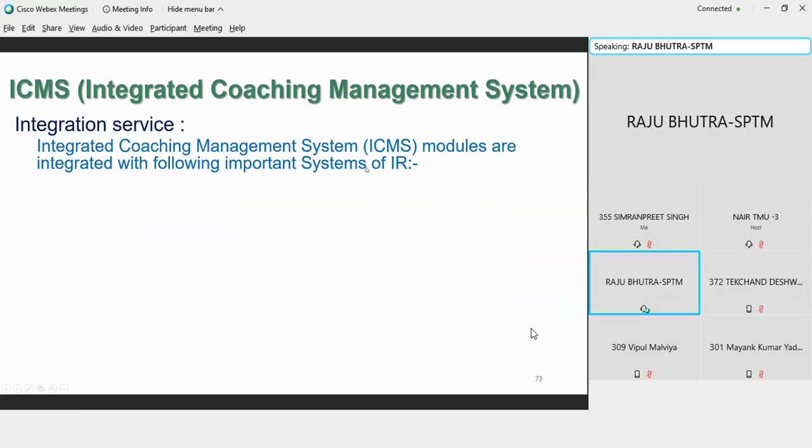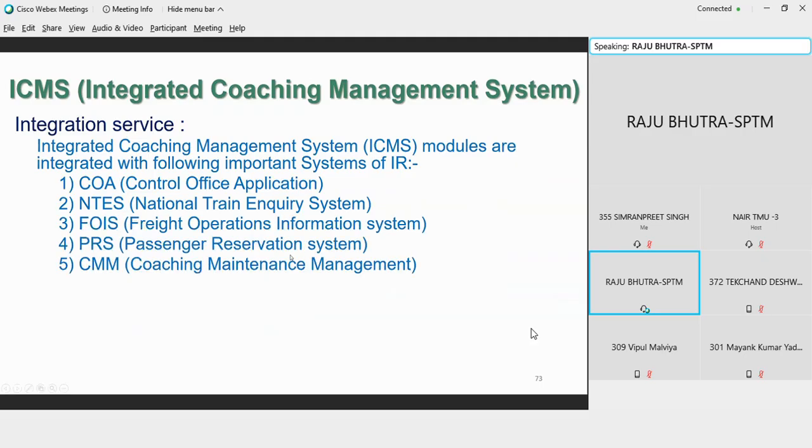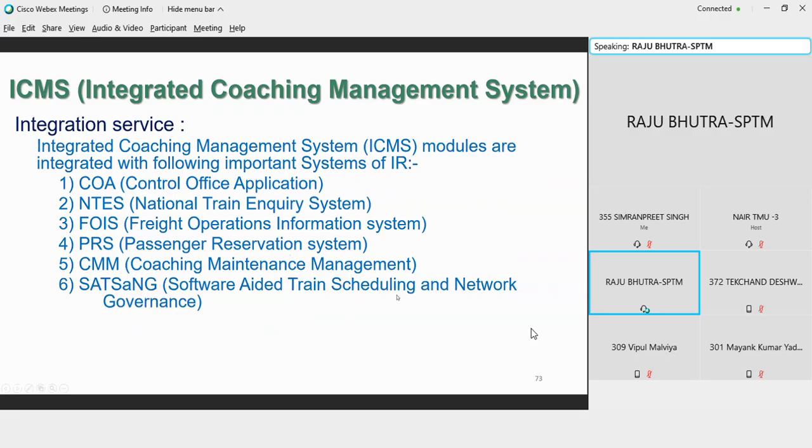Now, ICMS modules are integrated with the following important systems of Indian Railways: COA, NTS, FOIS, PRS. CMM is the coaching maintenance management. Then there is SATSANG, software aided train scheduling and network governance. This is for timetabling basically.